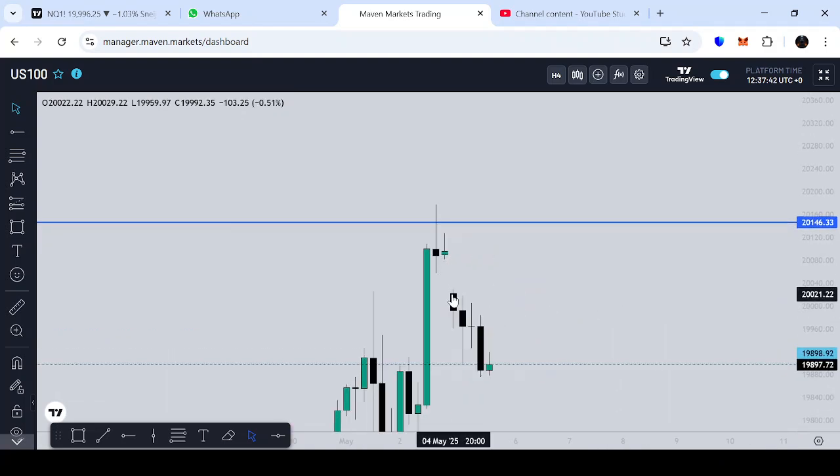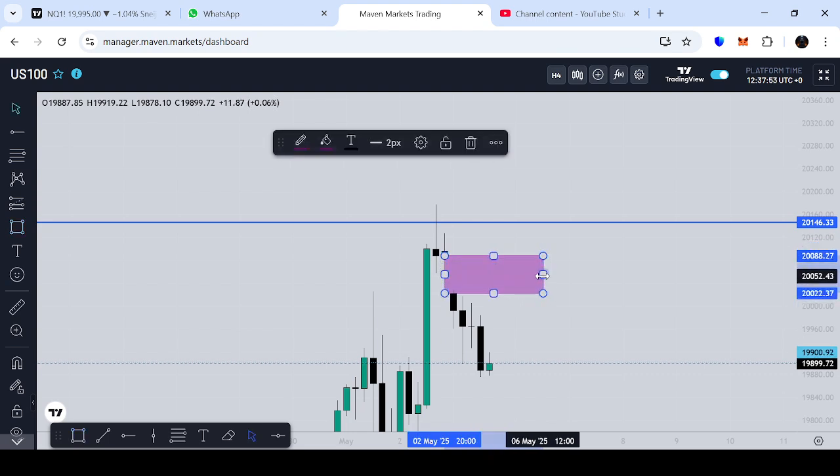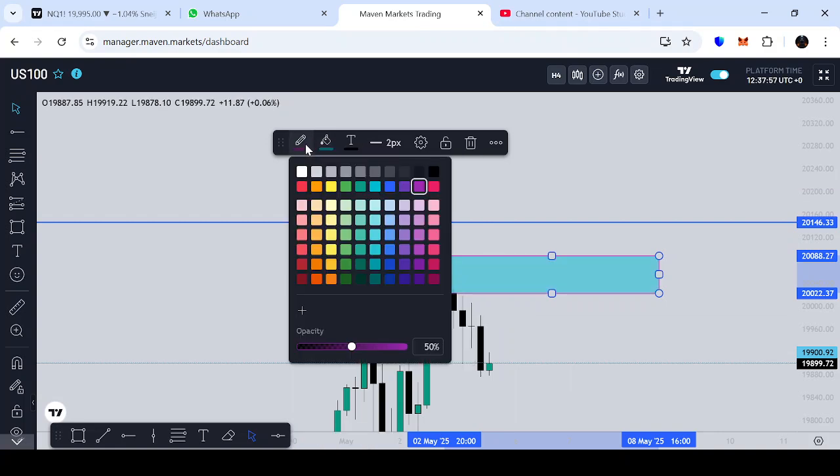The gap you are seeing there is a void between where the body closed on Friday and where the body opened on Sunday midnight.